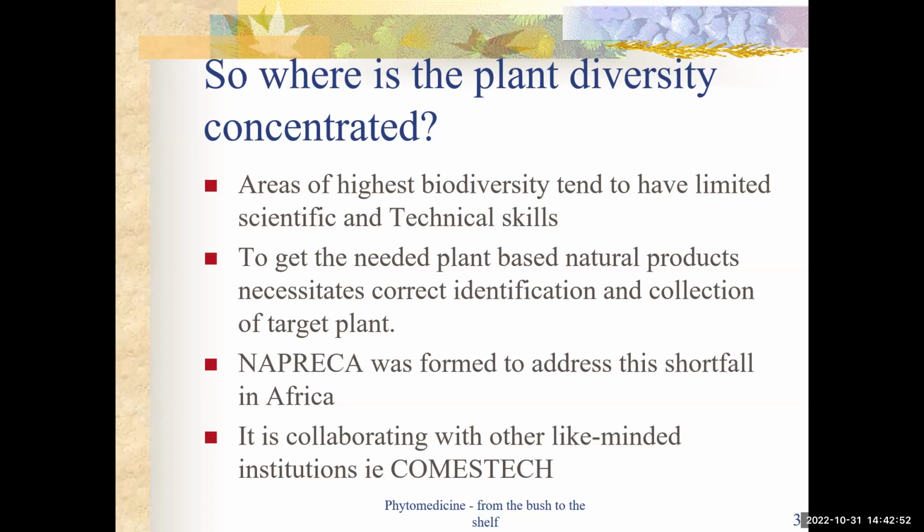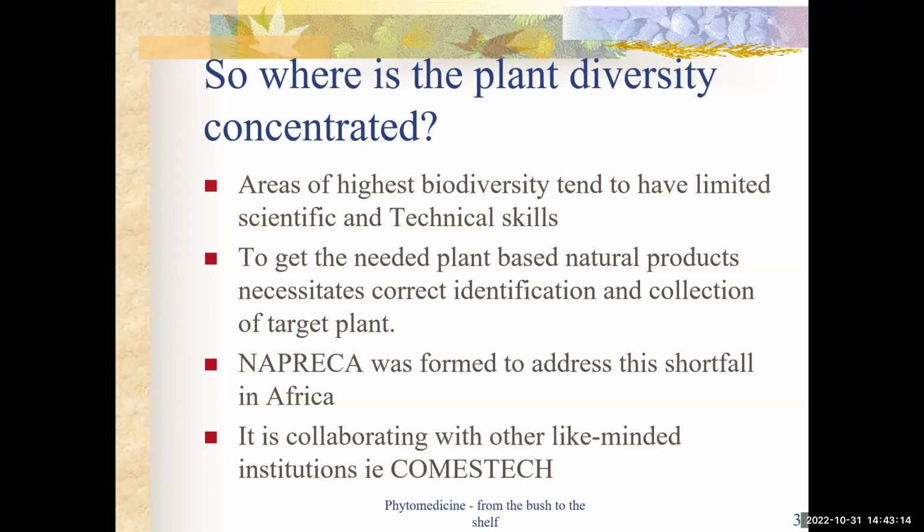So we need to improve that, because what that means is that the diversity in these areas is really not being utilized to its potential. So we require, therefore, to get technical knowledge, and the first should actually begin with how we collect the plants themselves.